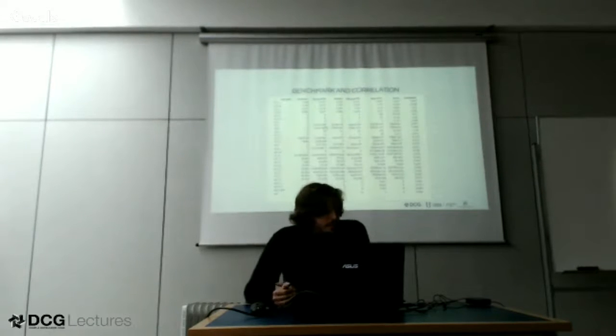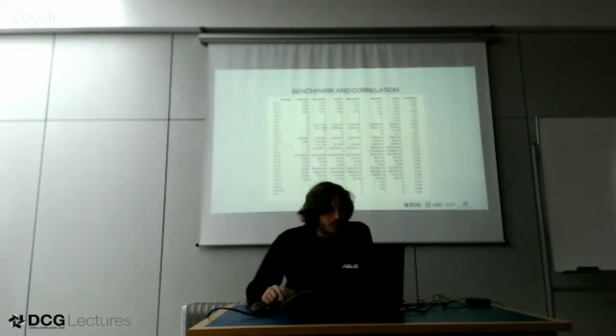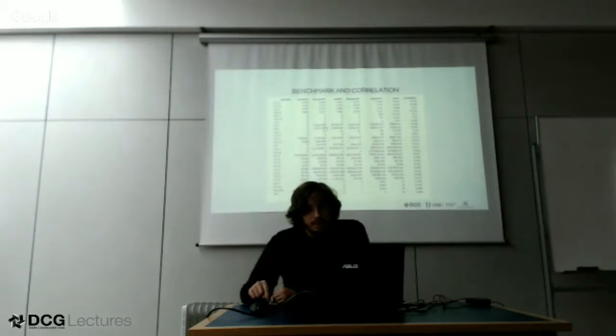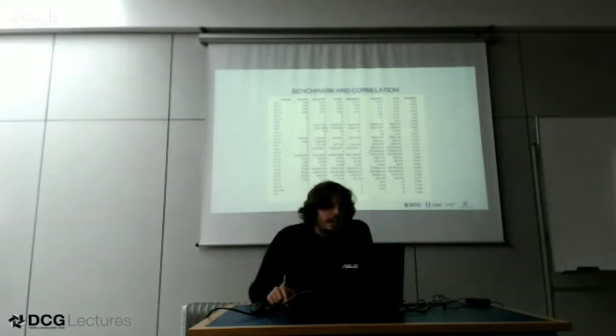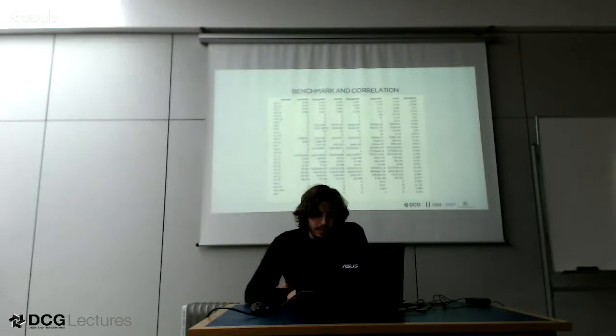The next step was to first make a benchmark and define a scoring system, and afterward create a correlation between the presence of indicators and the actual presence of startups linked to those indicators.